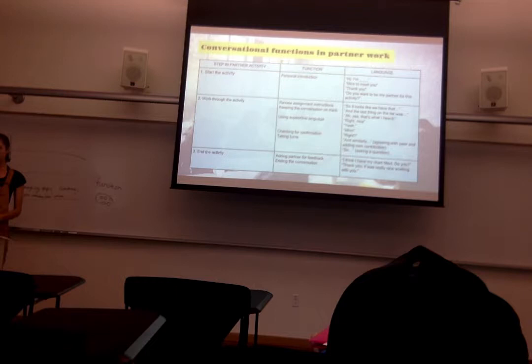So for personal introduction, we say, hi, I'm, if we're meeting for the first time, nice to meet you, thank you, so that way we're practicing politeness. You can invite someone by saying, do you want to be my partner for this activity? You can use supportive language like saying things like right and nice, yeah, and asking the partner for feedback to check that you have both understood. So, for example, I have my chart filled, do you?